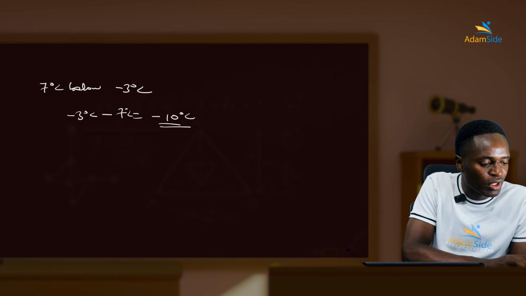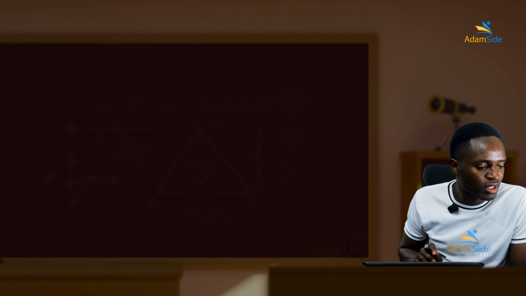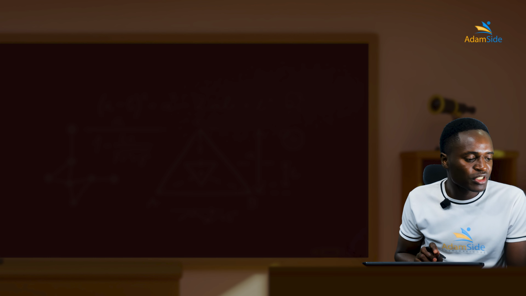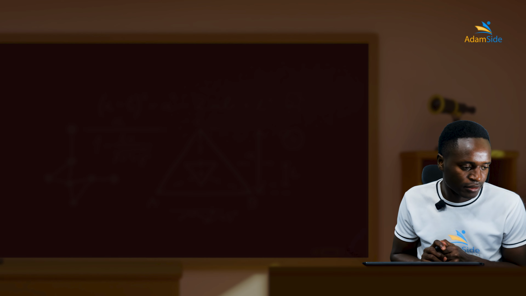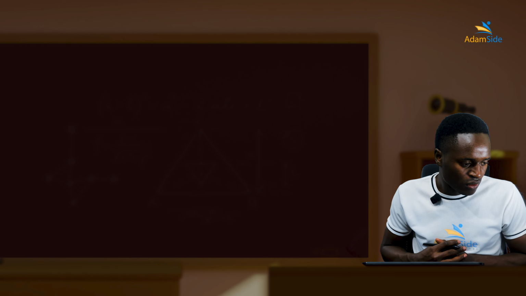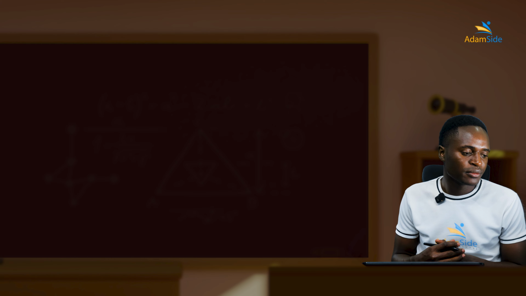Correct. Another question that involves the knowledge of understanding this. They say the temperature at 0700 is negative 3 degrees Celsius. This temperature is 11 degrees higher than the temperature at 1. Find the temperature at 1. Okay.